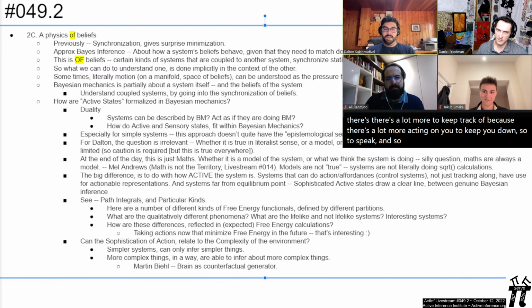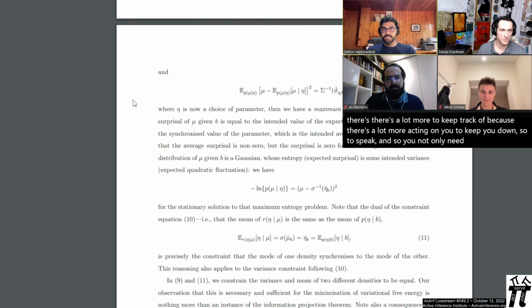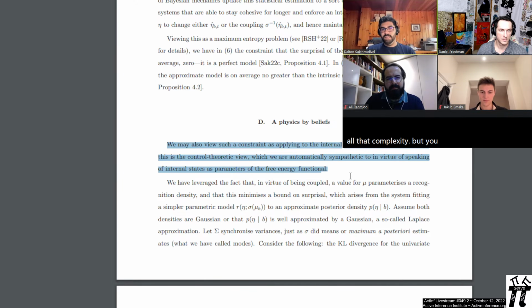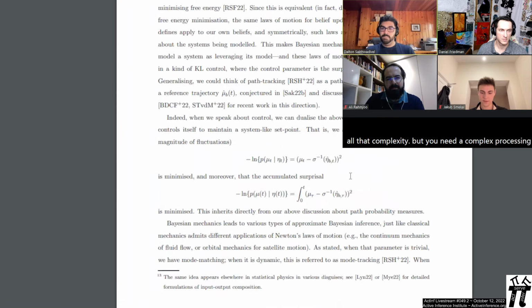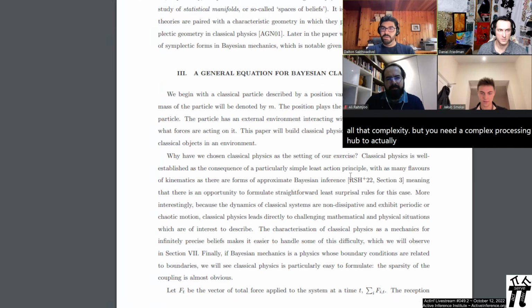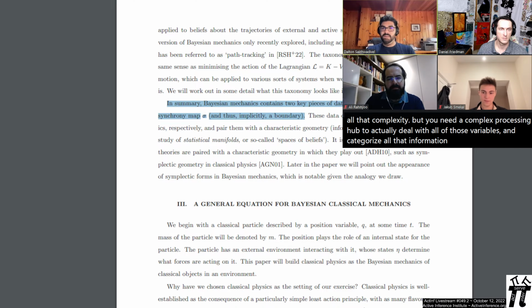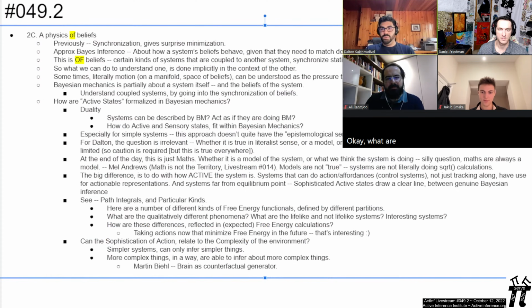And so you not only need complex sensory motor loops to respond to all that complexity, but you need a complex processing hub to actually deal with all of those variables and categorize all that information and decide, okay, what are my sensory motor loops doing in this situation? How am I actually responding to the things that I'm observing?